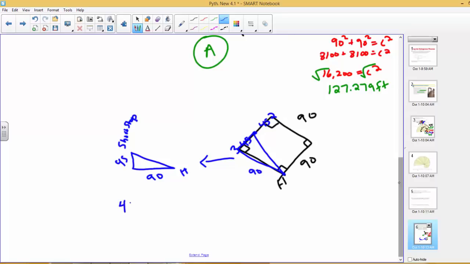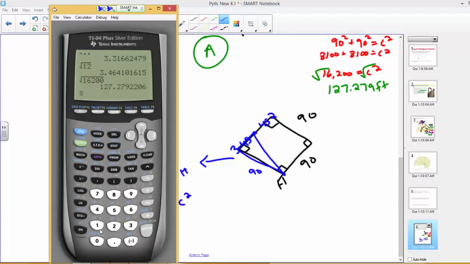So you would do 45 squared plus 90 squared, giving you c squared. 45 times 45 is 2025.